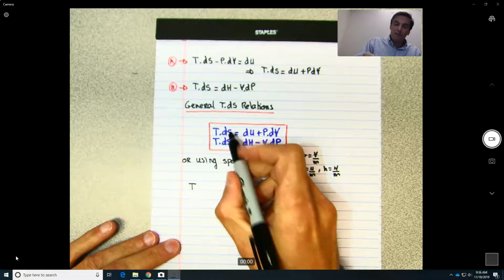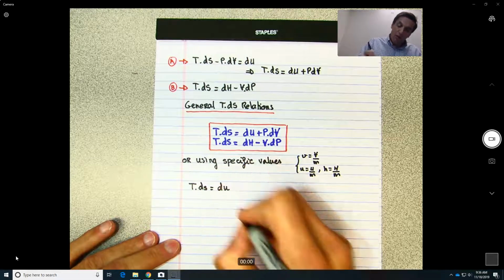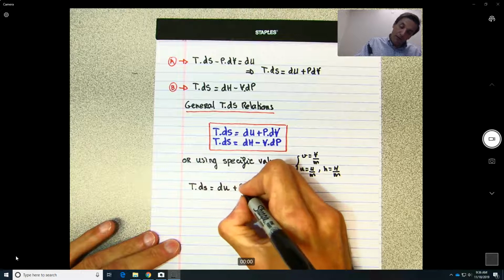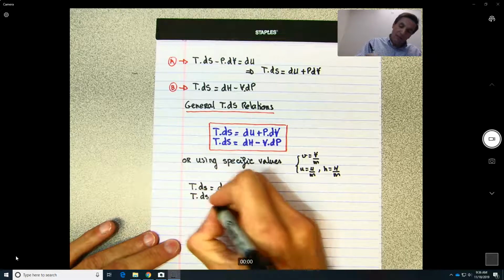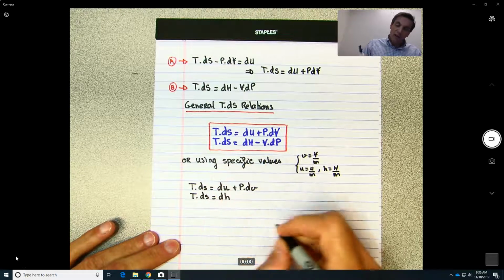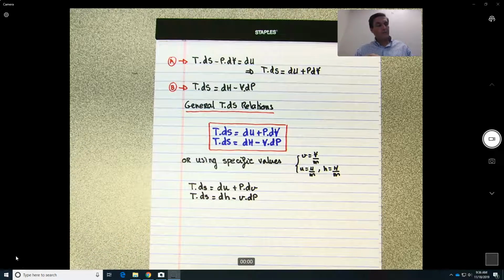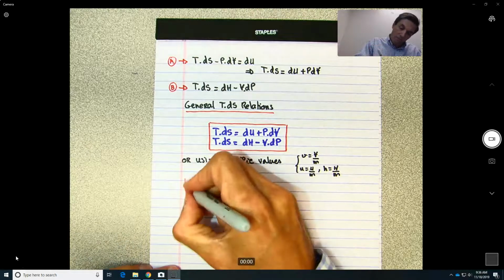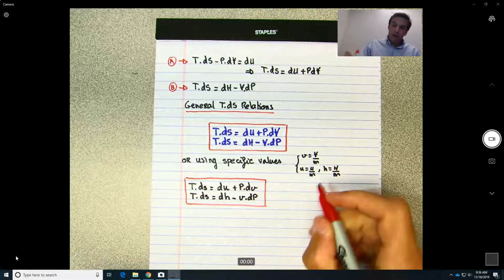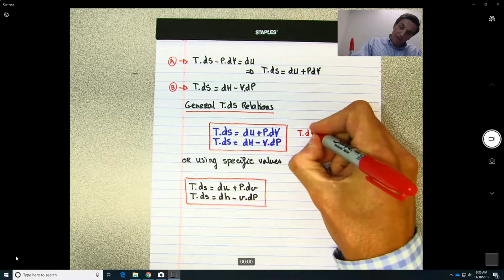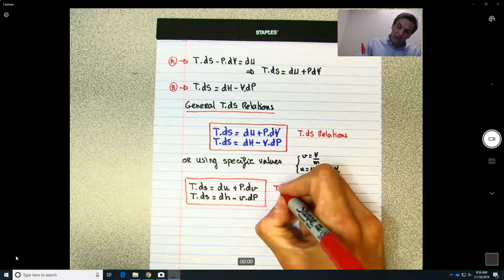T, so this is uppercase S, lowercase s will be equal to dU, lowercase u, plus P lowercase v. T ds will be equal to dh minus v dP. So these will be our general T dS relations.